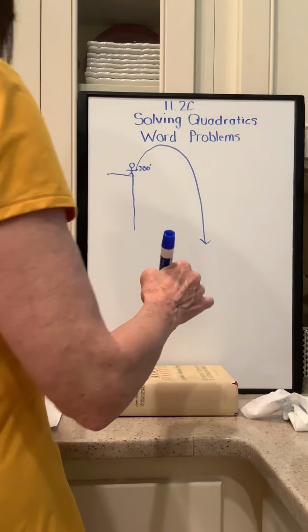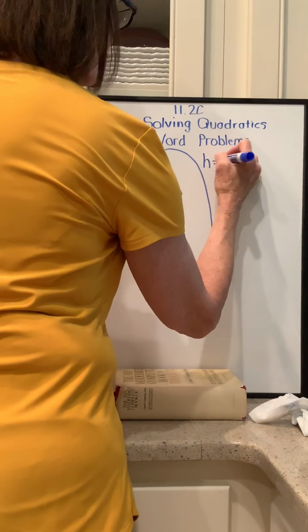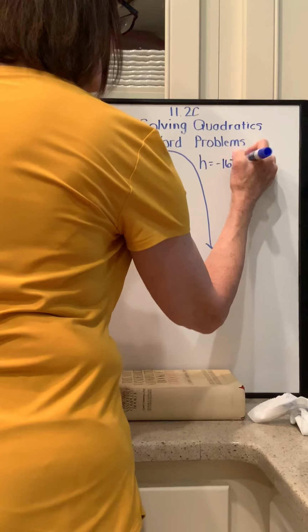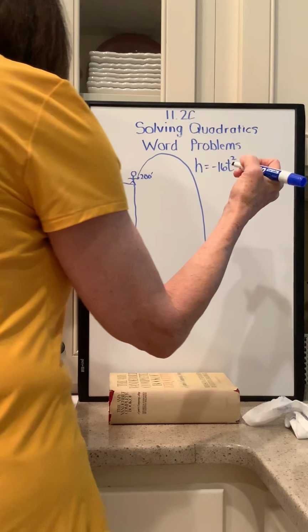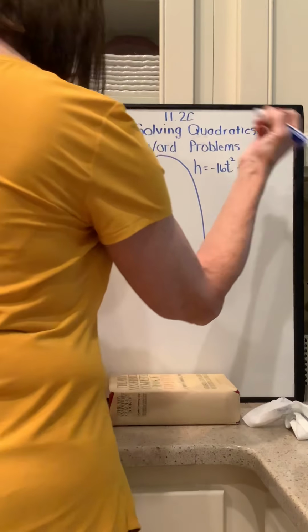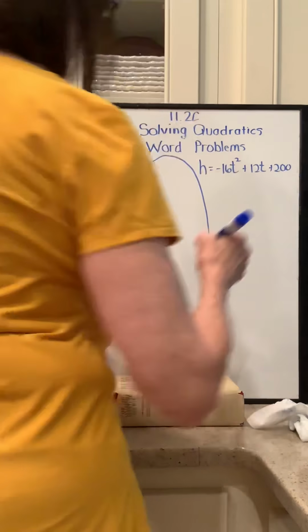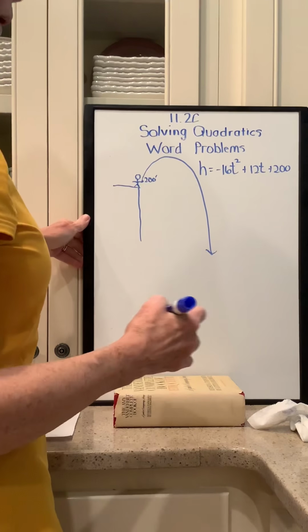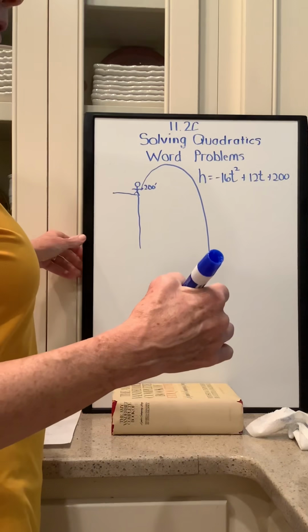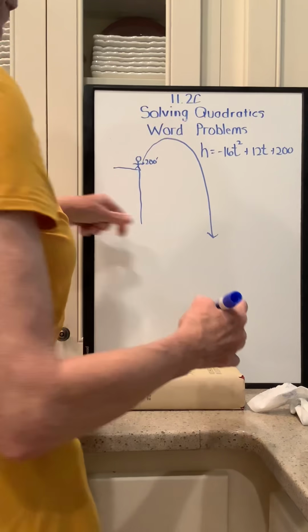So this trajectory is described by the height is equal to negative 16t squared, plus 12t plus 200. Remember, t is always in seconds when we're throwing something up or throwing something down. That 200 is where we started off. Our question is, how long is it going to take for the ball to be at a height of 100 feet?